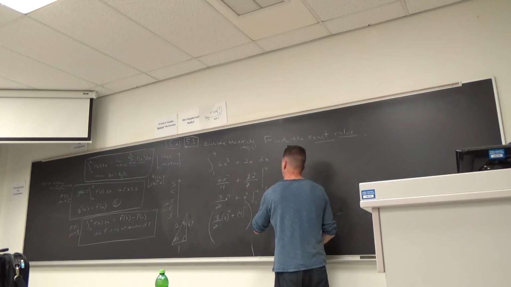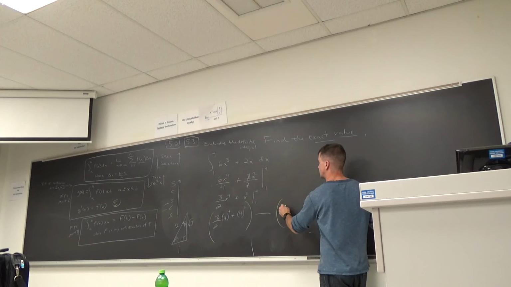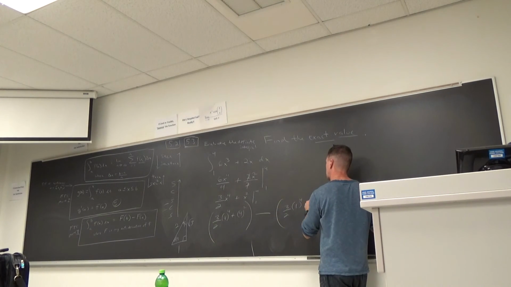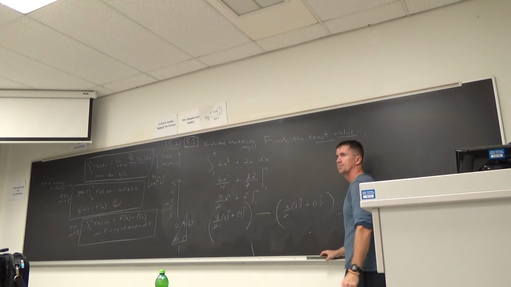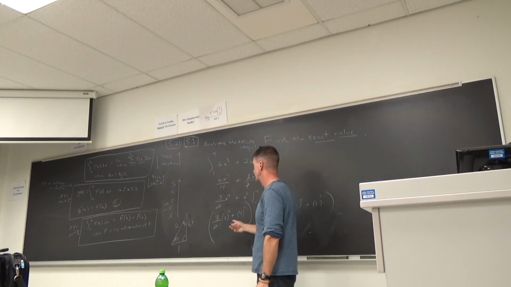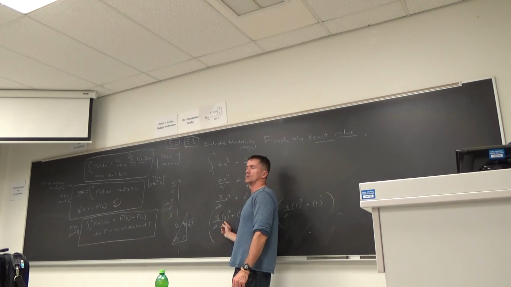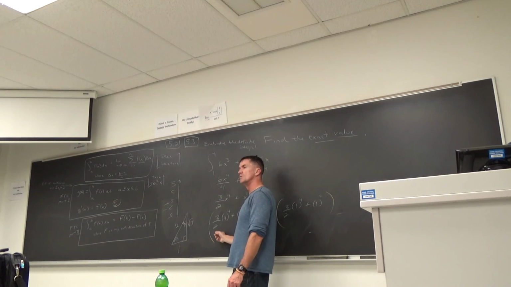Then I have to subtract, and then what am I substituting? 1. Yeah, 4 to the 4th. 4 cubed is 64 times another 4 is what? 256. Yeah, 256. What's 256 divided by 2? 128.